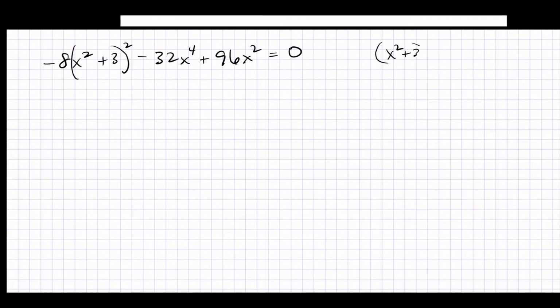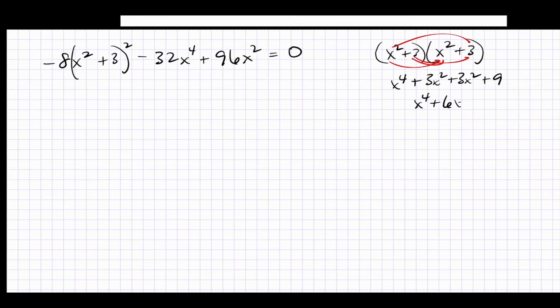So x squared plus 3 times x squared plus 3. First is x to the 4th. Outer, inner, those will both give me plus 3x squared plus 3x squared. Last gives me a positive 9. So I get x to the fourth plus 6x squared plus 9.